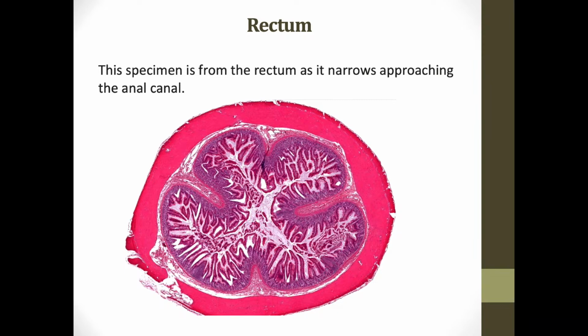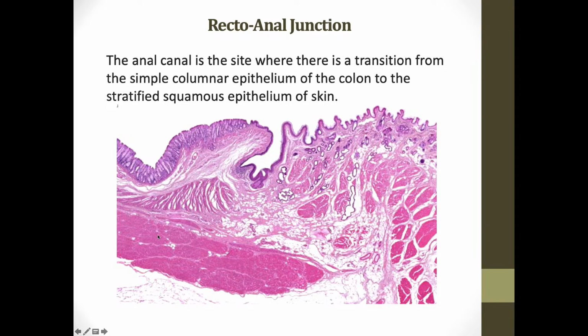Here you can see these folds formed in the rectum region, with the epithelial lining, the mucosa and the submucosa. Of course, the submucosa is thin here.